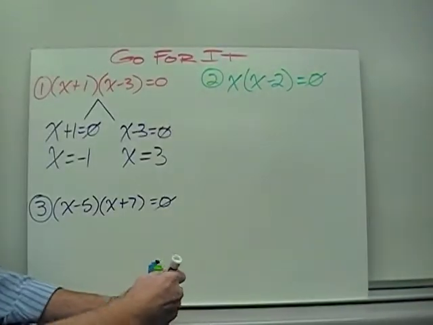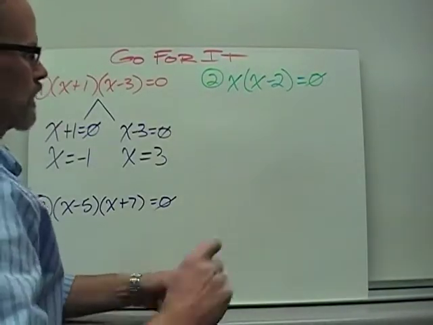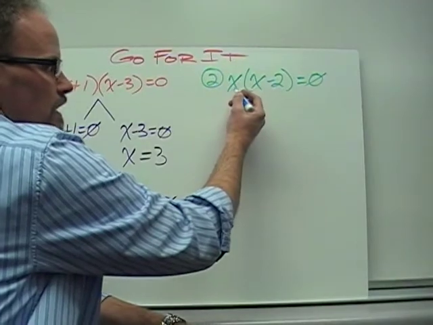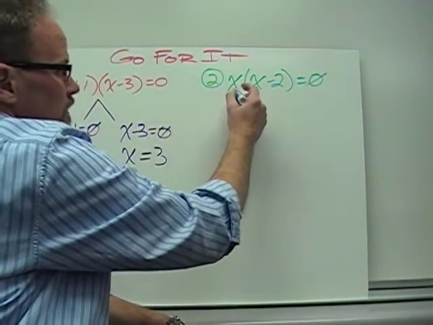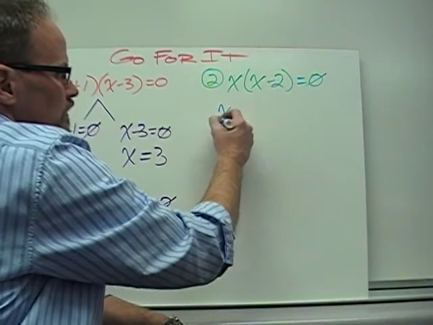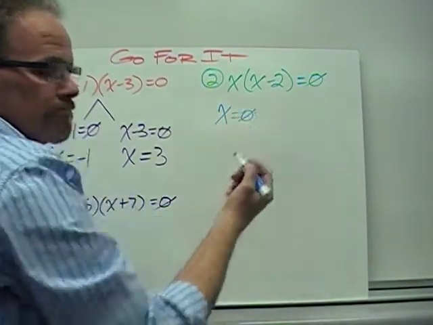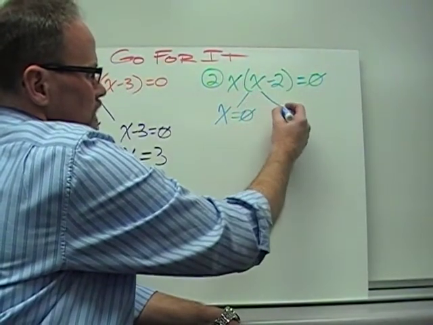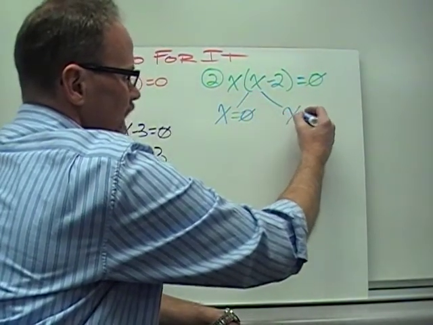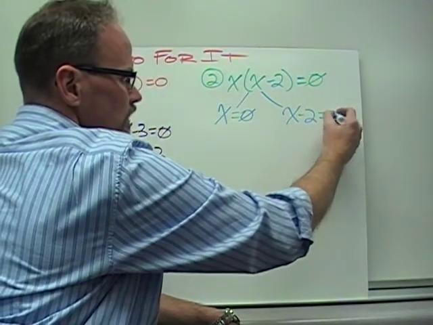Second one up there. Well, this is an interesting deal. This right here, I'm going to set that equal to 0. So the first one, x equals 0, I'm done. So that took care of that one. This one is going to come over here. x minus 2 equals 0.